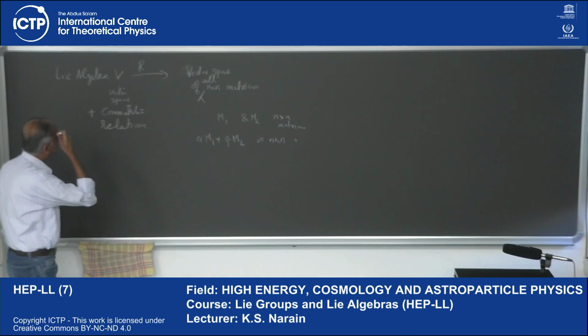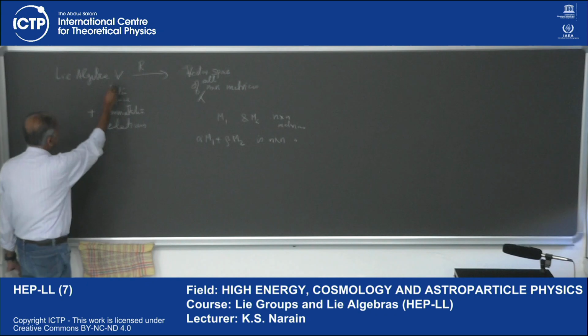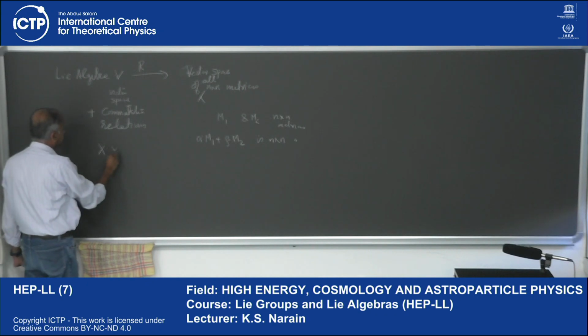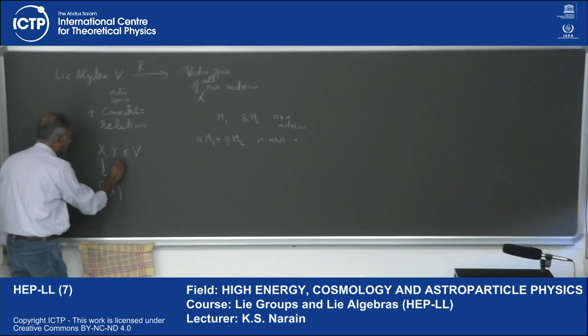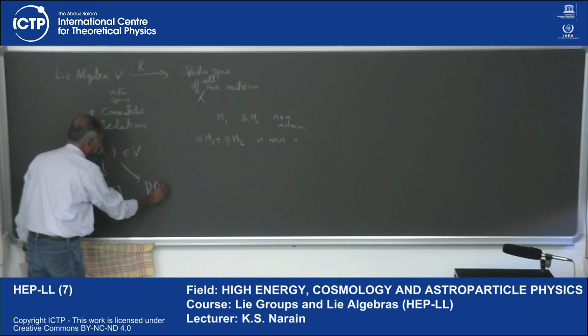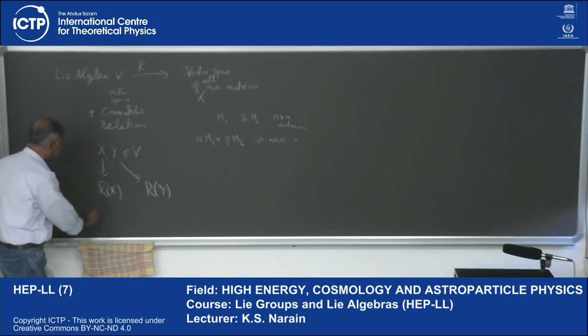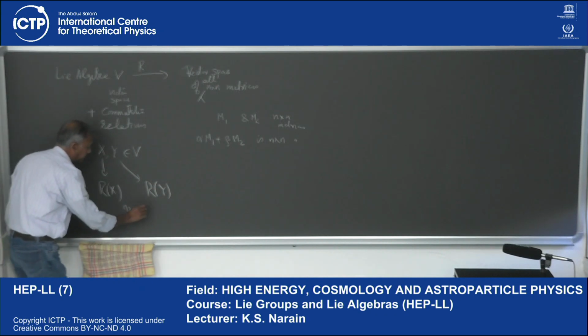Okay. But then what it means is that if I have x and y belonging to V, then x is mapped to Rx, and y is mapped to Ry. Both are n cross n matrices.